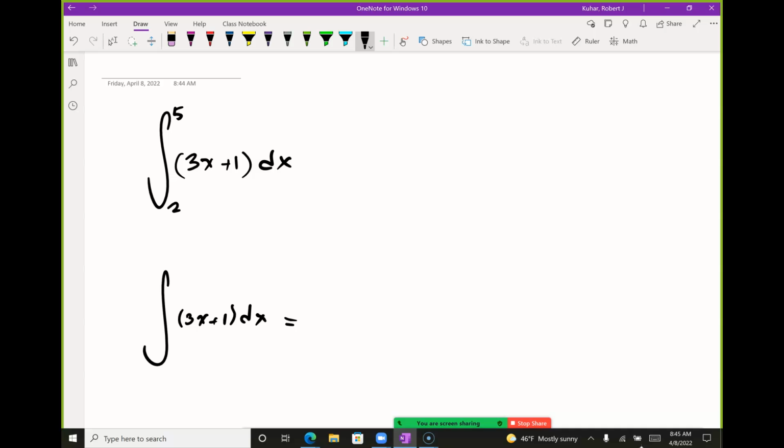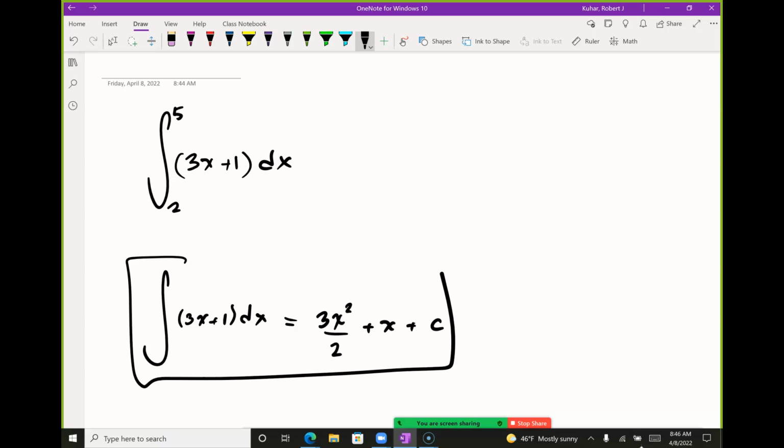Okay? So what is our antiderivative here? Maybe it's like a 1.5. Yeah, it's 3x squared over 2. Remember, add 1 to the exponent and divide by the new exponent, plus x plus c. I just wasn't thinking about it in terms of fraction.